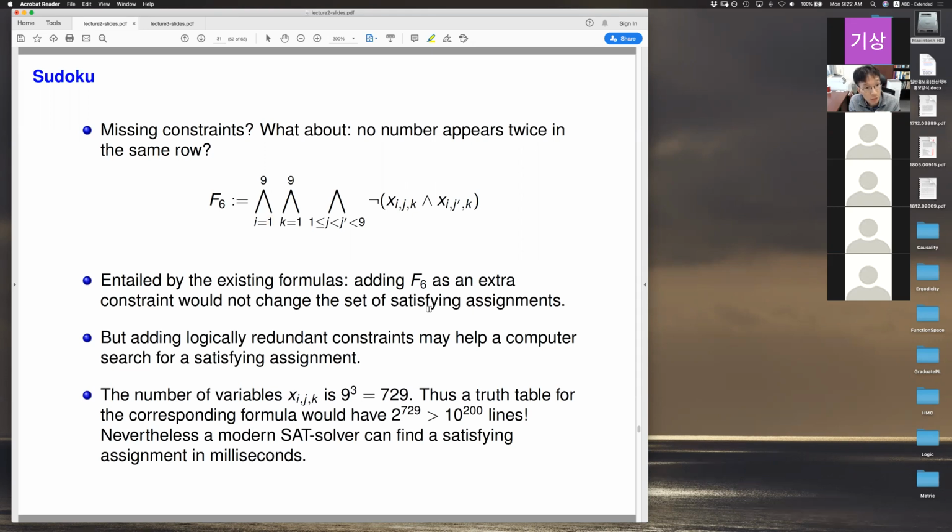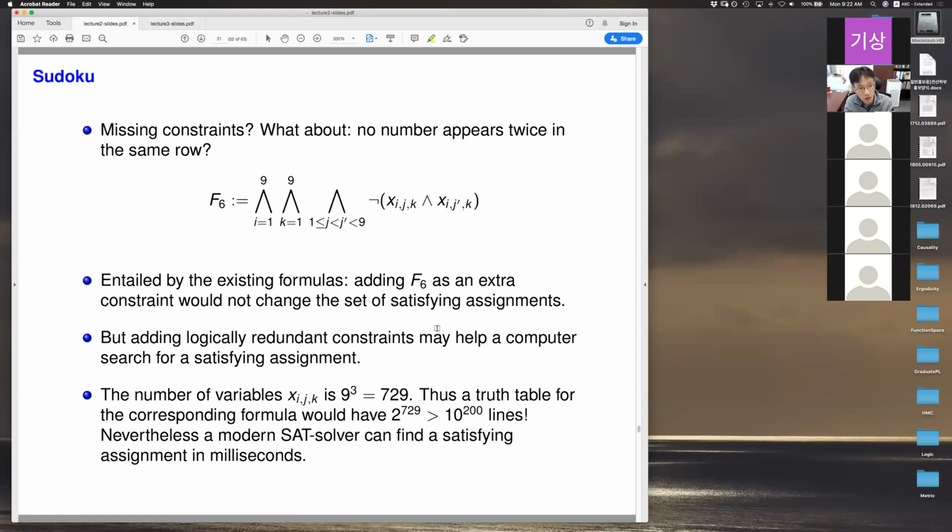So F6 is a redundant fact, but the solver can get some benefit from the existence of a formula like F6. So the point I'm making here is that the encoding from the existing problem to a satisfiability question is sometimes an art.